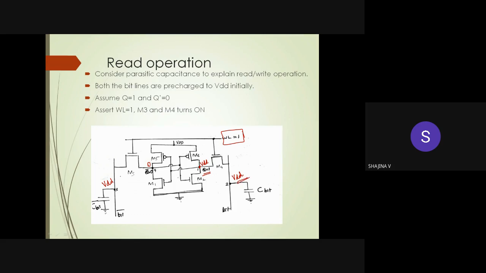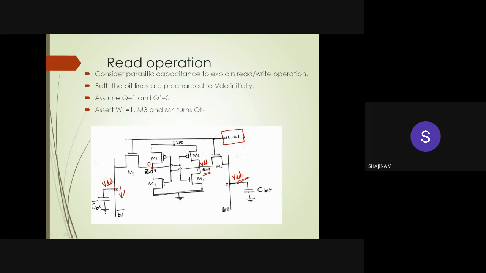Coming to M3, there is a potential difference between source and drain: at this point it is logic 0 and here it is VDD. So there will be a current flow through this transistor. As a result, the potential at point 3 decreases, or we can say the voltage level at the bit bar line reduces.